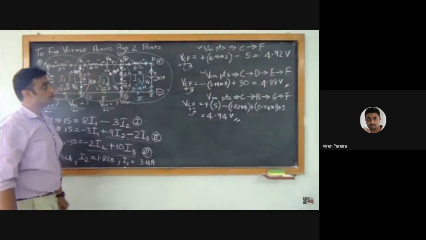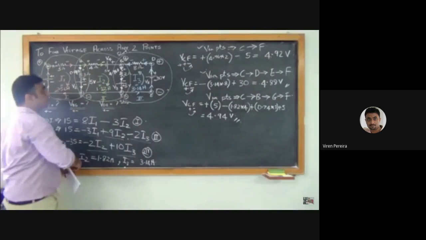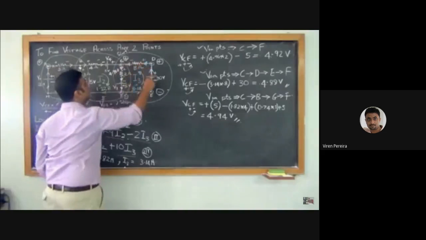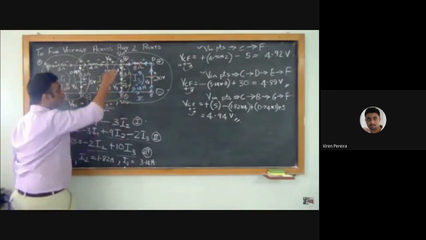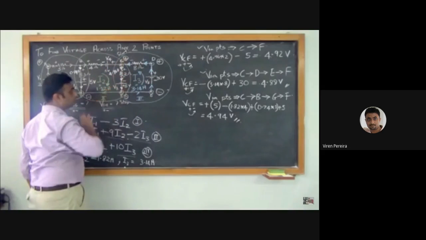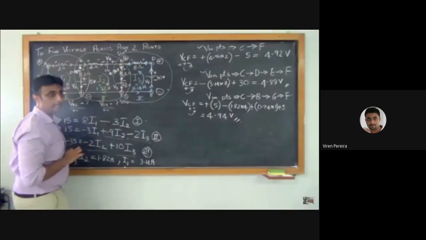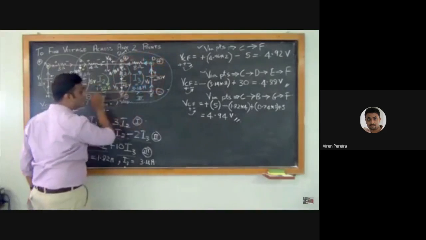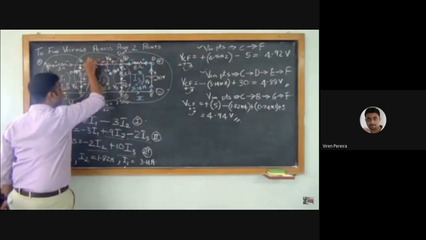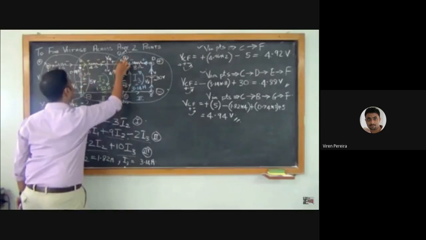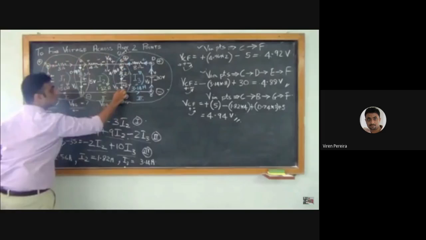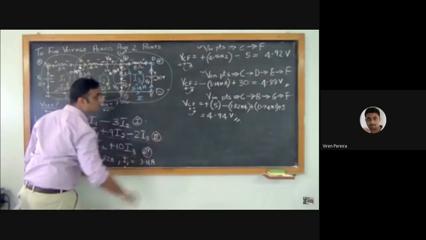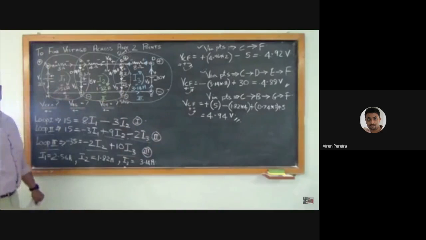So this proves that no matter which loop we take, either we can take the CF loop directly, or the CDEF loop, or this loop, you will get the same value of voltage.